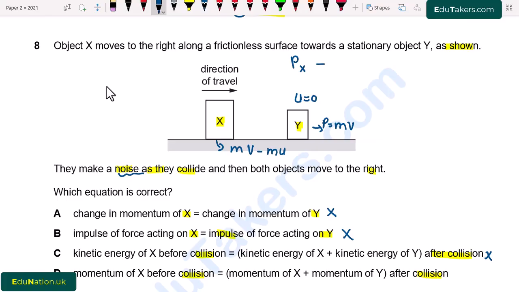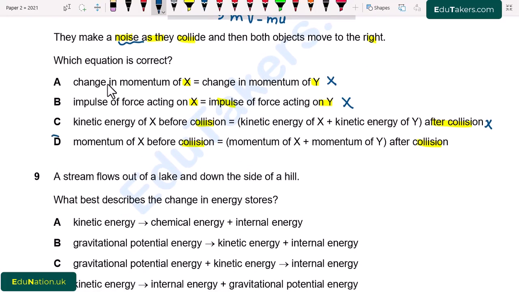So the momentum of object X plus momentum of object Y before collision will be equal to momentum of object Y plus the momentum of object X after collision. So Py is equal to 0 because initially Y is at rest. So Px will be equal to Py prime plus Px prime. It means that the momentum of X before collision is equal to the sum of the momentum of X and Y after collision. So here D option is correct.